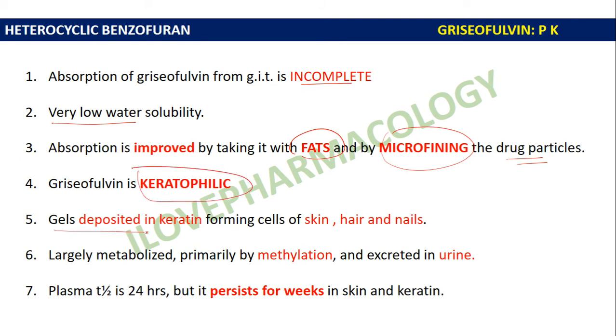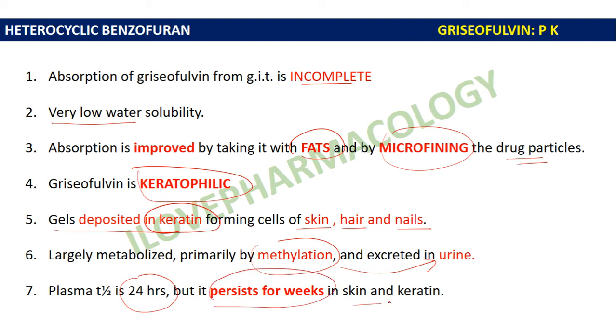That's why it gets deposited in the keratin-containing or keratin-forming cells of skin, hair, as well as nails. It is largely metabolized, primarily by methylation, and excreted through urine. The half-life is around 24 hours, but the action can persist for a week in skin as well as keratin, because it is keratophilic and can stay in the keratin-forming cells for a longer duration of time.